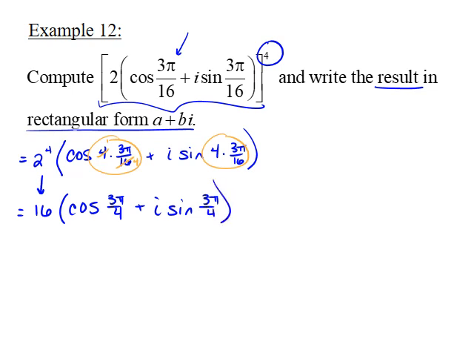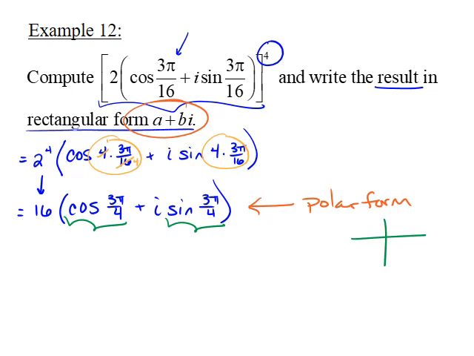Now, if we were asked to write our result in polar form, we would be done. But because we're asked to write our answer in rectangular form, we need to take this one step further. And it's not too terrible because all I need to do is evaluate cosine of 3 pi over 4 and sine of 3 pi over 4.